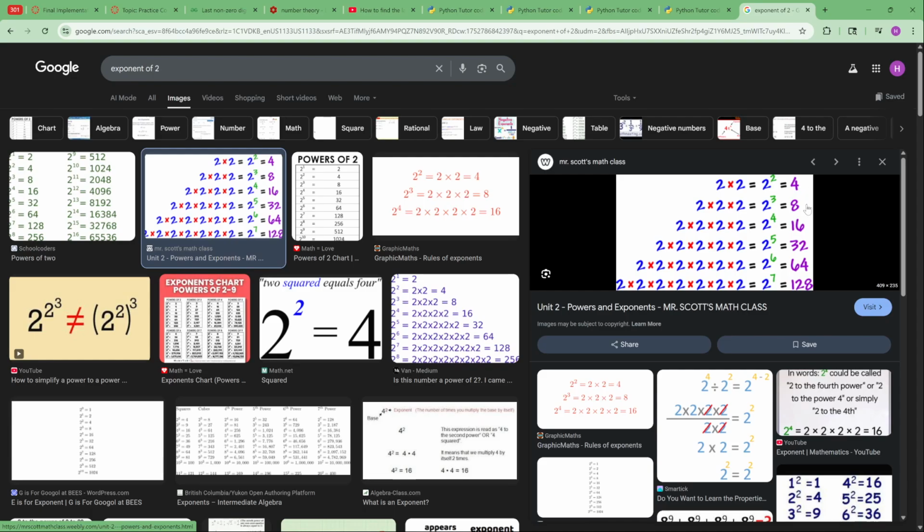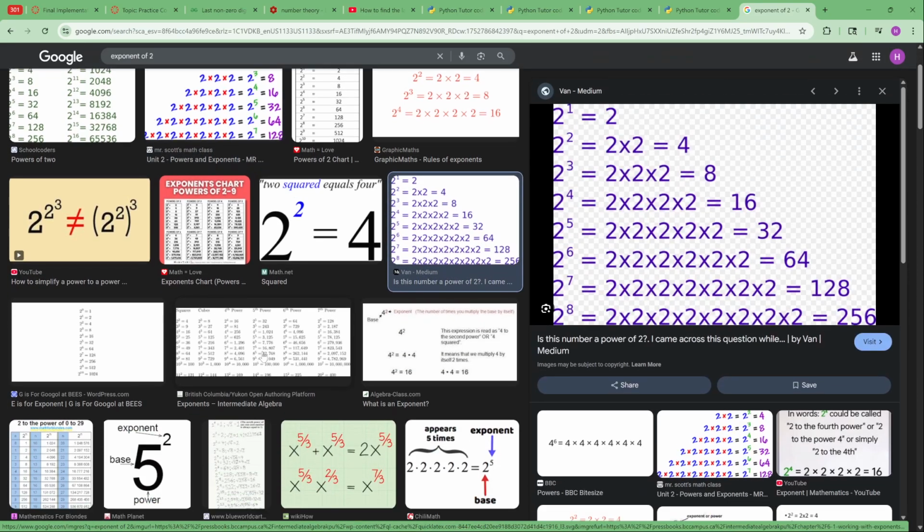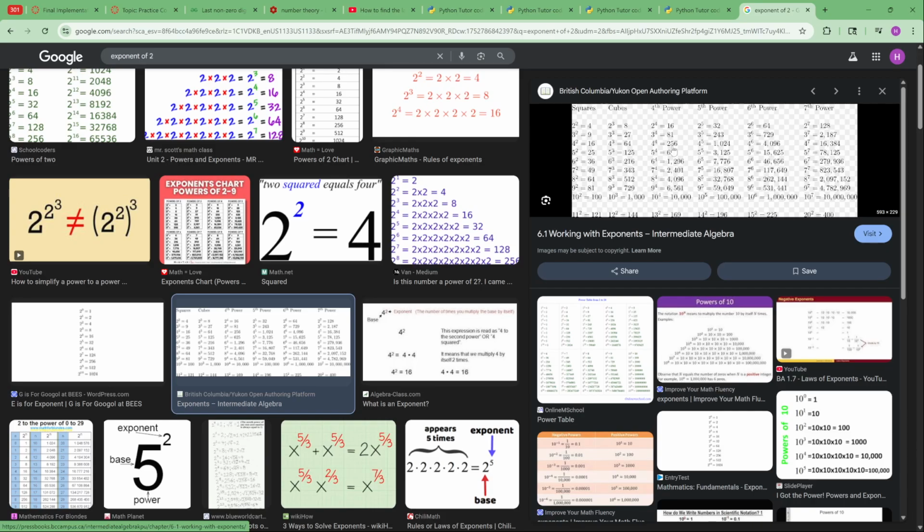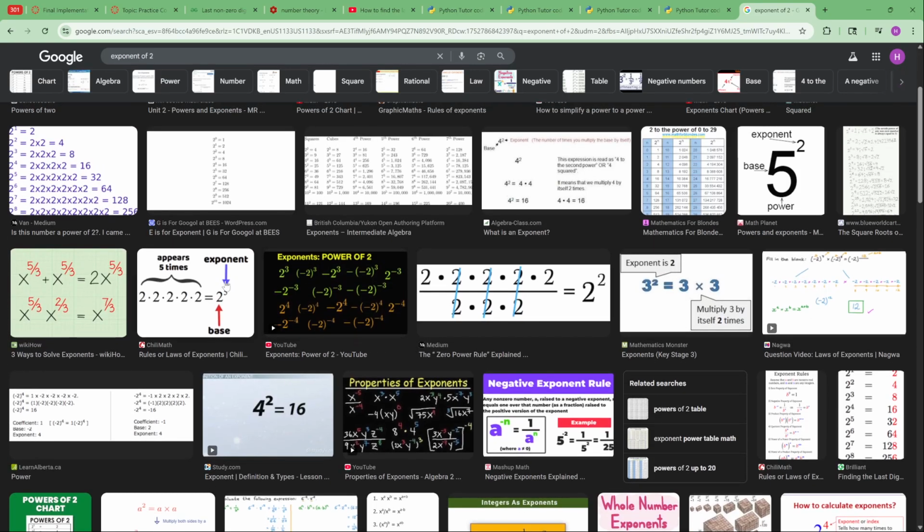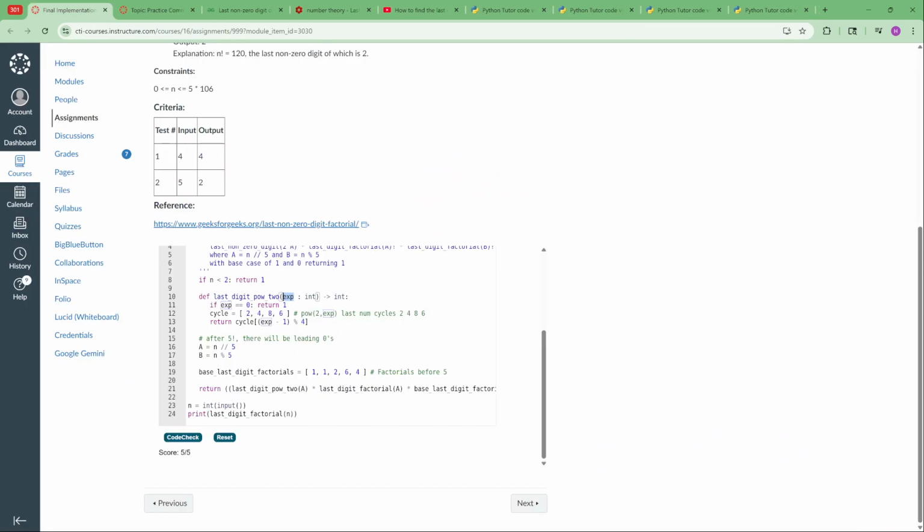So it goes from 4 to 8 to 6 to 2 to 4 to 8, and it just keeps repeating over and over again. So using that, we can create a small cycle list that will let us know what the last digit of the power of 2 part is.